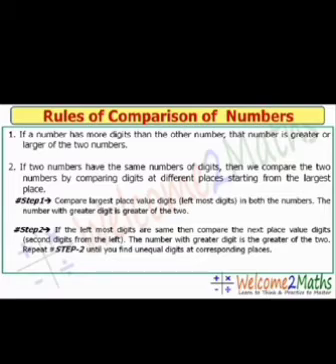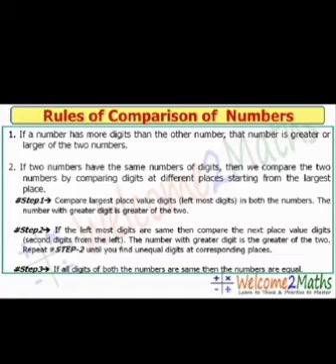The number with the greater digit is the greater of the two. Now let's see step number 3. If all digits of both the numbers are the same, then the numbers are equal.